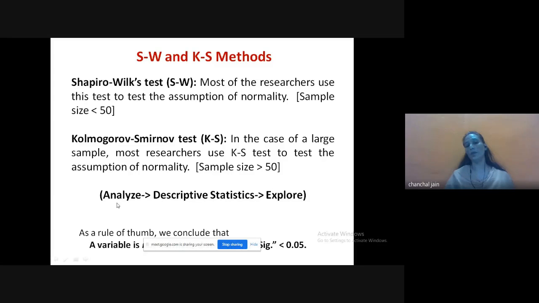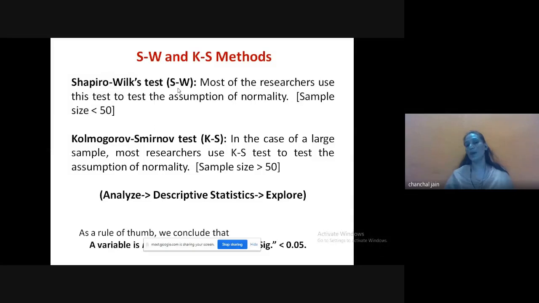The way to check the normality with the help of these two tests is we can go to the Analyze menu, then select Descriptive Statistics, and then go to Explore. And the thumb rule for accepting or rejecting the hypothesis of these two tests: what will be the hypothesis in these two cases? The hypothesis will be that the data is normally distributed. That will be our null hypothesis.